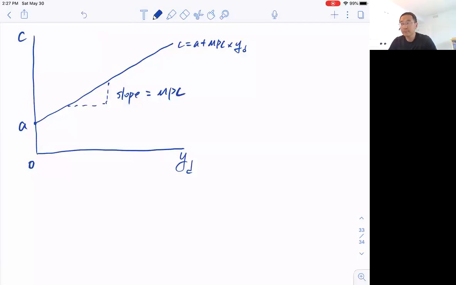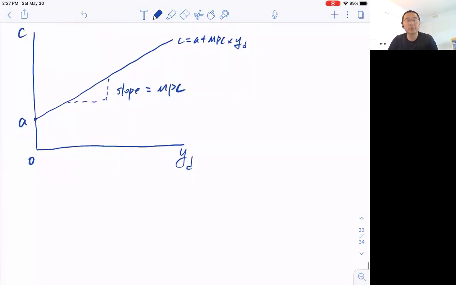Now, before we talk about anything else, let's talk about something closely related to this. We said out of all your disposable income, you can either spend it, which is consumption, or save it. So related to this, you also have a savings function, and the savings function is negative A plus something called MPS times YD.